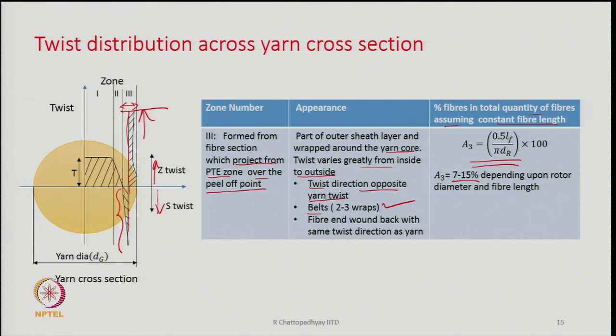So, you can say roughly that the twist across the cross section of the rotor yarn is not uniform. The twist in the core part is quite uniform and the core looks like a ring yarn, whereas in the sheath part the twist is generally, on average, less than the core part.